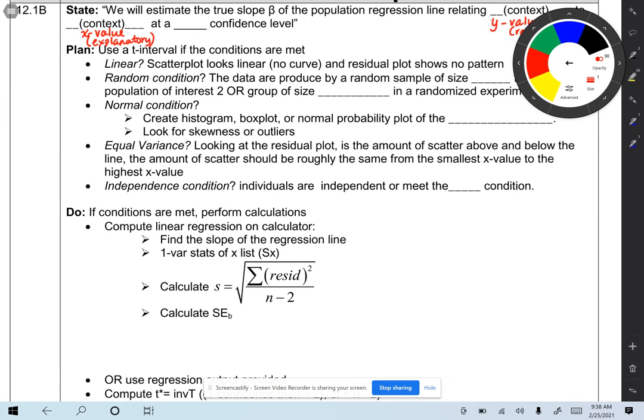Our plan is to use a T interval for slopes if the conditions are met.